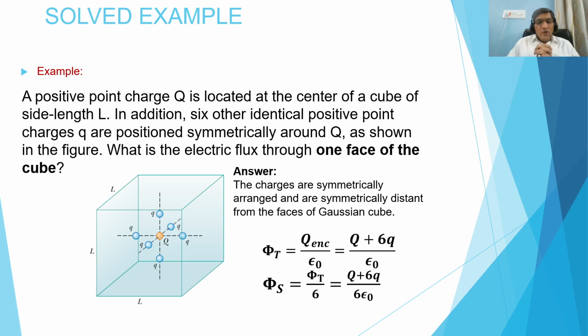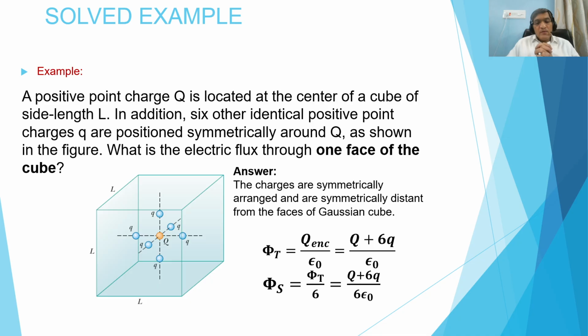So we use our formula, phi equal to Q enclosed upon epsilon naught, and we have capital Q plus 6q divided by epsilon naught. This is the electric flux of the total cube, but we have to find it only through one face. As we know, we have six faces. So we divide our answer by 6 to get the electric flux through one face of the cube.